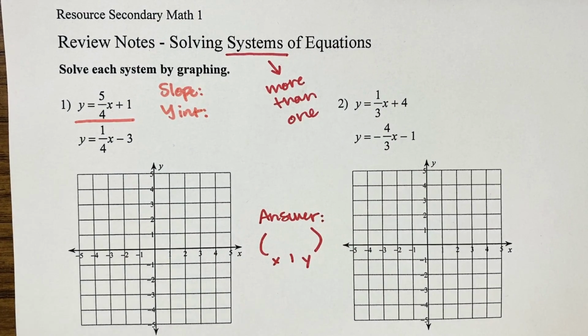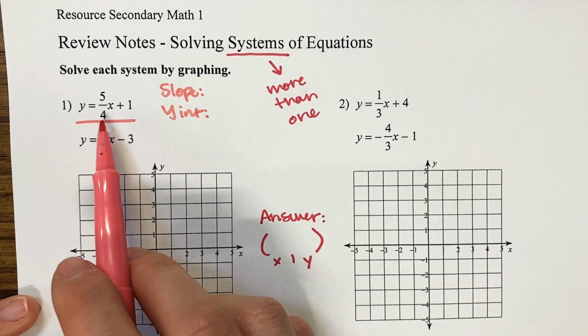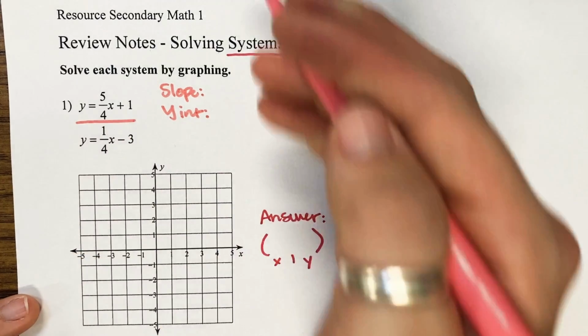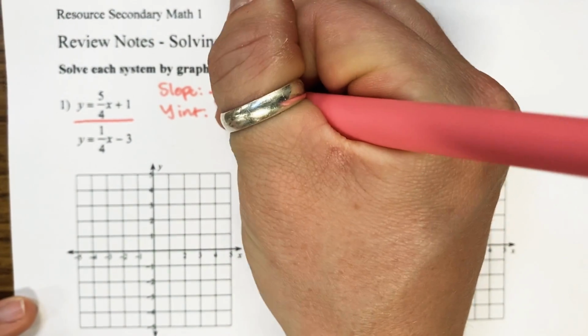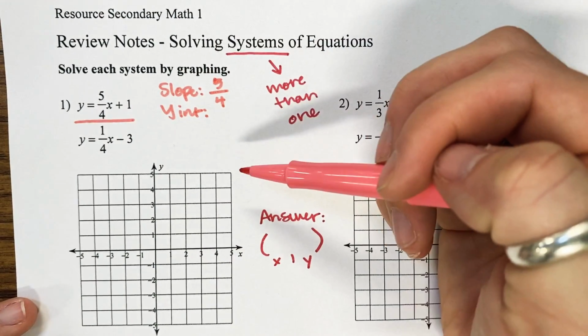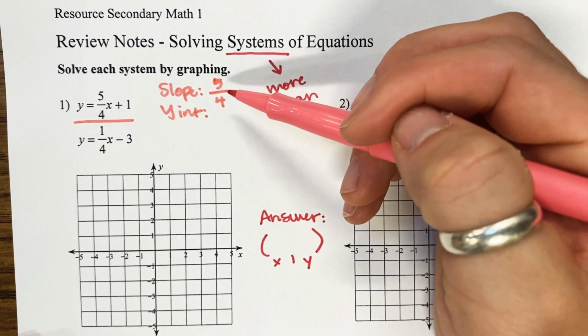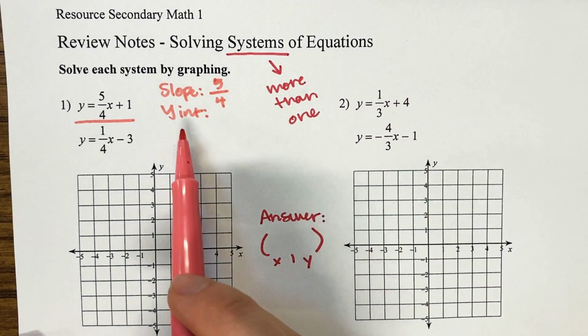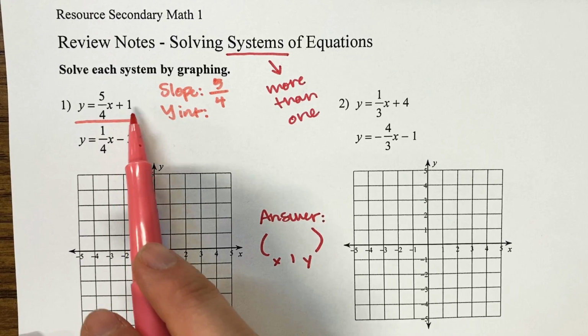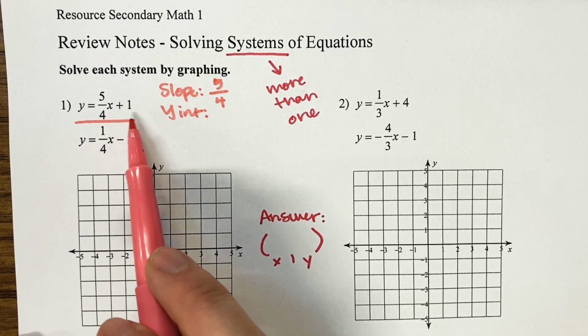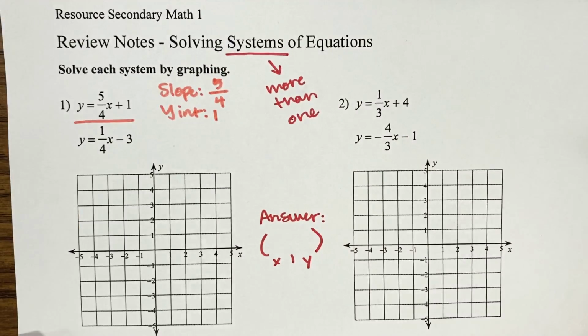So what is the slope of my pink equation? Remember, my slope is always right in front of my x, so my slope is 5/4. And when they're written in fractions, that really helps us because that tells us rise over run. Okay, well, what is my y-intercept? My y-intercept is the number without an x, so that's going to be a +1.